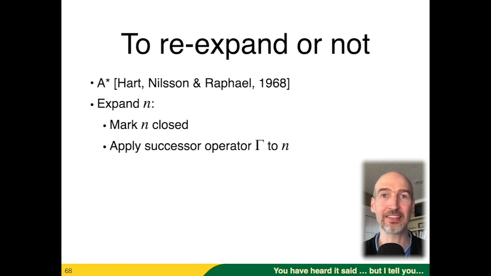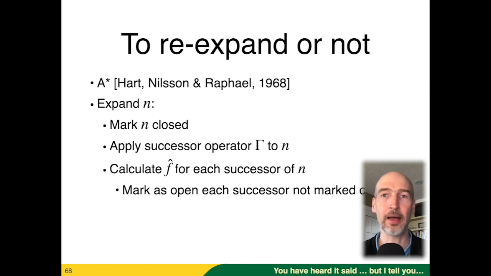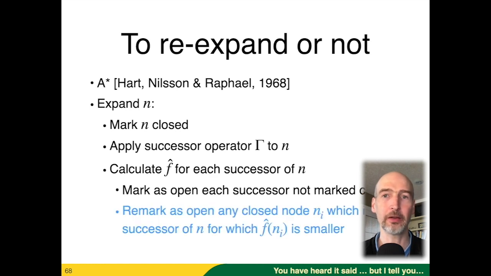We're going to take a successor operator and apply that to n to get the successors. There could be 0 successors or any number more than that. Then we're going to calculate the f cost for each successor. And each one that's not already closed, we're going to mark as open. And in particular, we re-mark as open any node which is smaller than the cost found previously. So A star will re-expand nodes, even if they've been found on the closed list and it finds a shorter path. It'll reopen those with a shorter path cost.